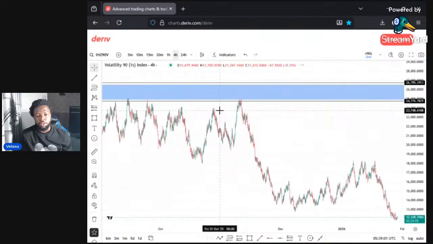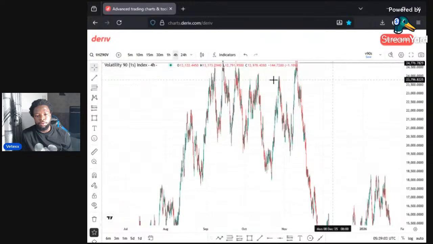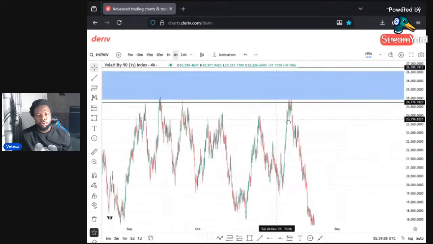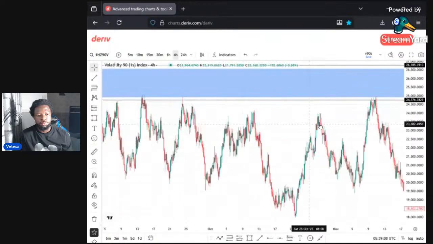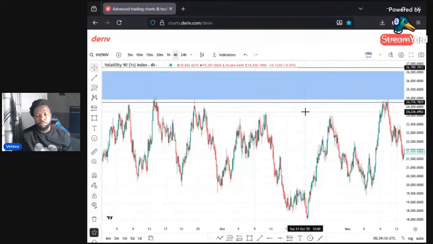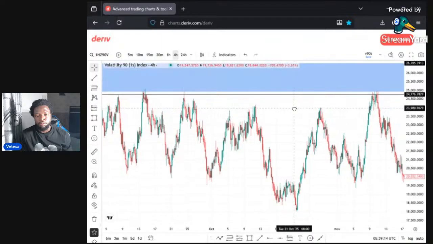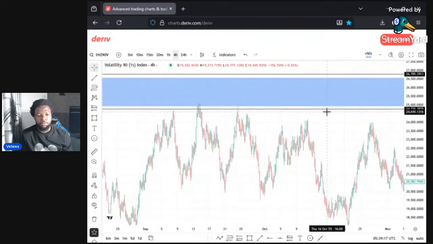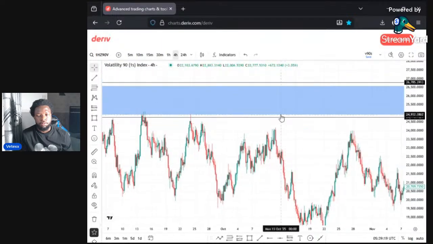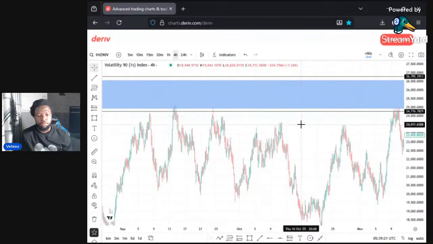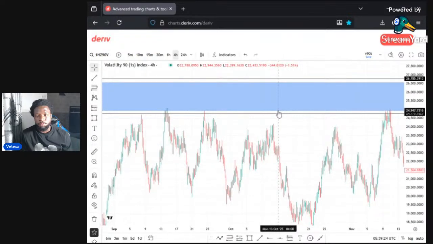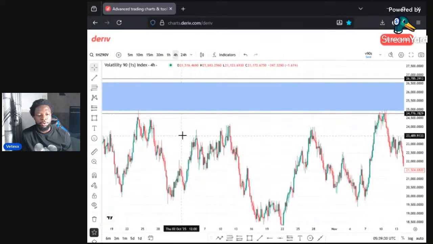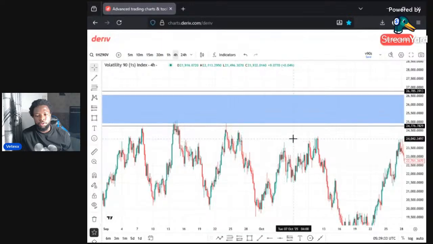Now, if you come to this 4-hour time frame, you will notice that price gave a 4-hour time frame continuation from this zone here.